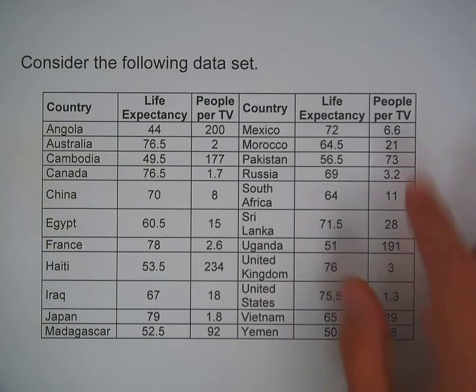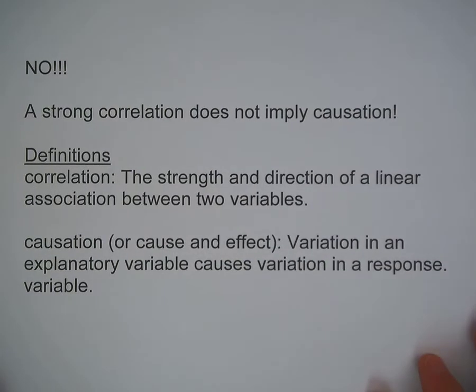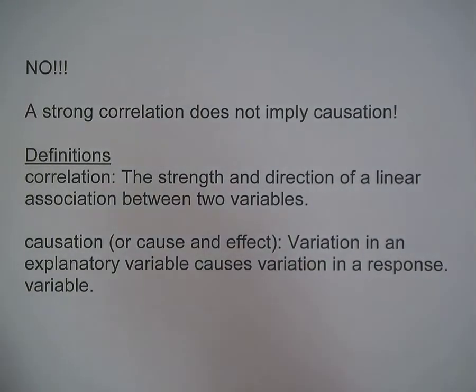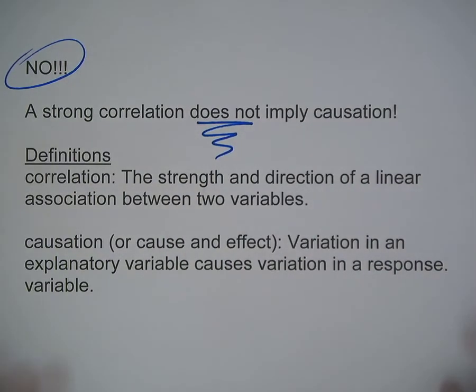If we remove TVs from a country, does that mean that people will not live as long? And of course the answer to that is no. A strong correlation does not imply causation.